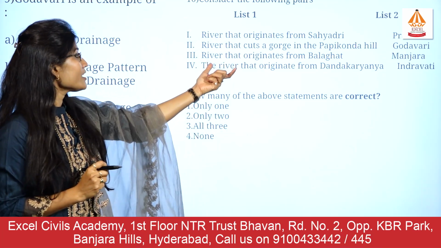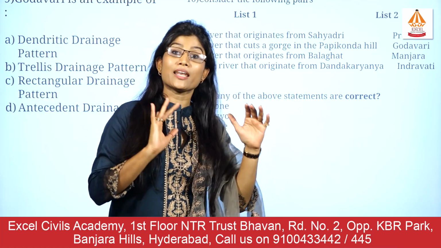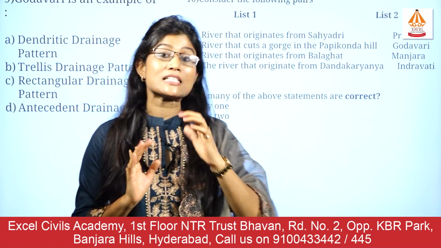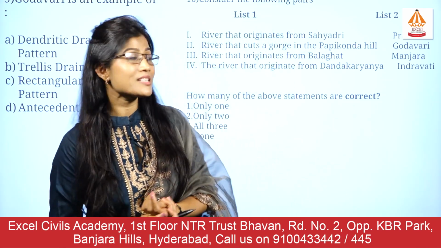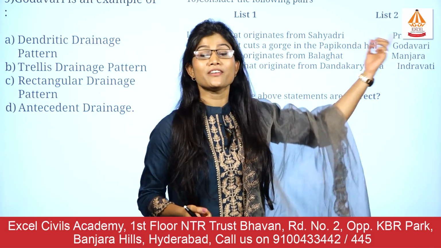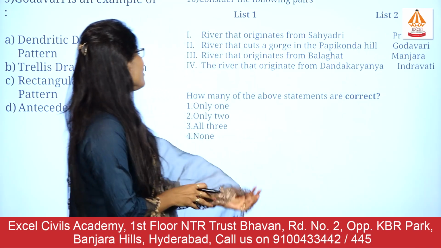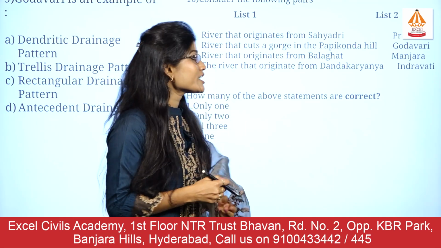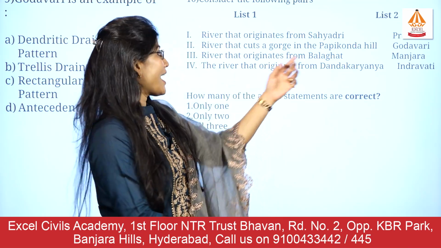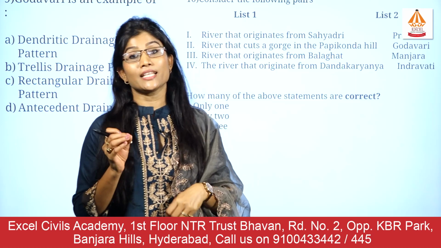Then third is river that originates from the Balaghat. Now also tell me, where is this Balaghat mountain range located and which river flows through this Balaghat? It is paired with the river Manjra. And then the fourth pair that is given, the river that originates from the Dandakaranya is paired with the river Indravati.